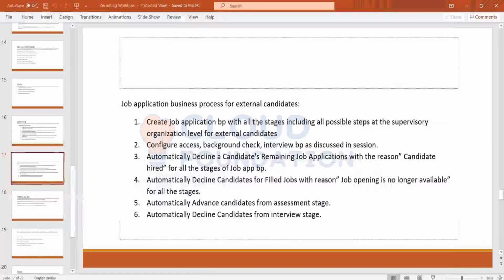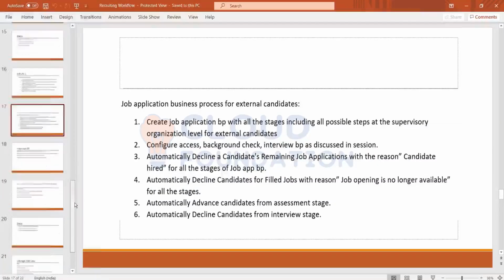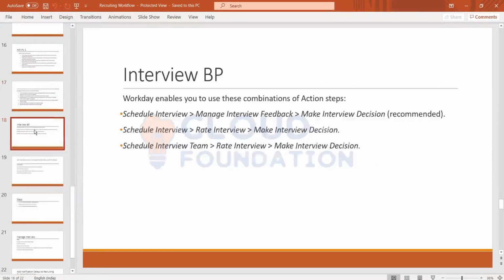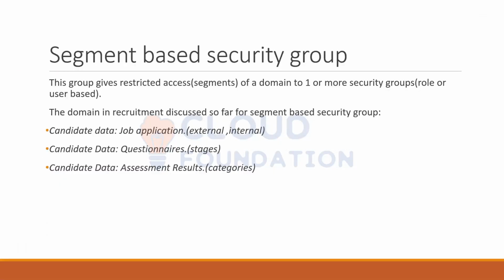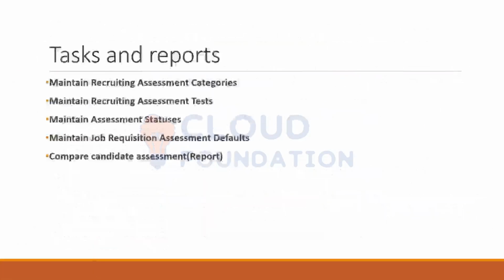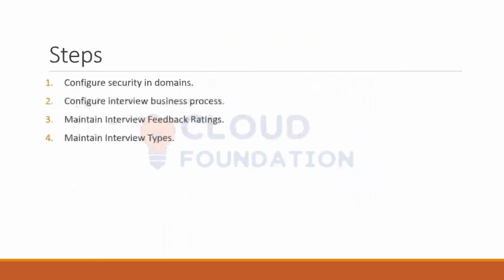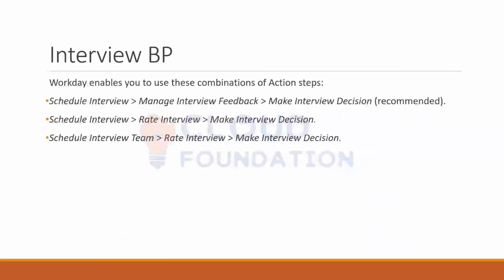So let me go back here. So these are the possible combinations we can take while creating an interview BP. First one is to schedule interview. Second one, manage interview feedback. Third one is make interview decision.